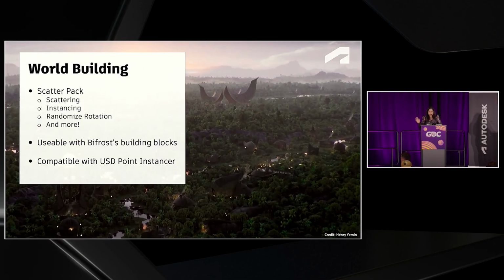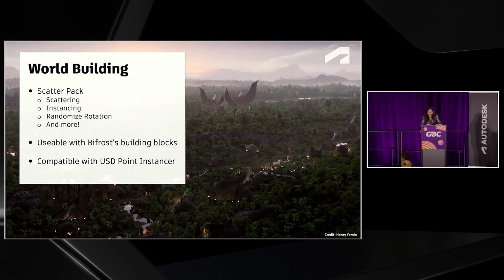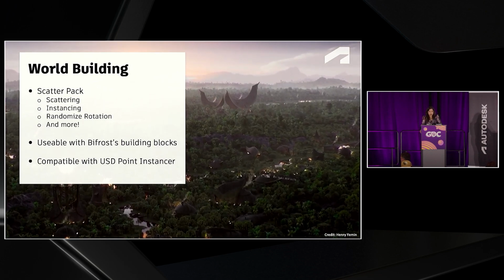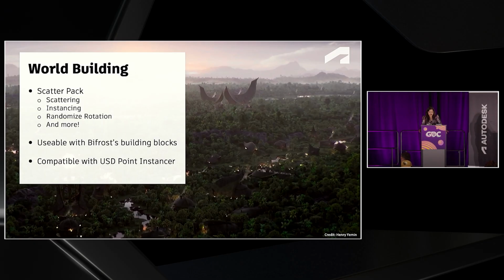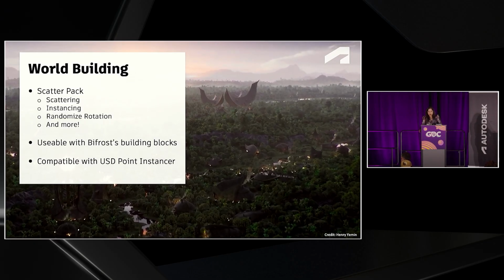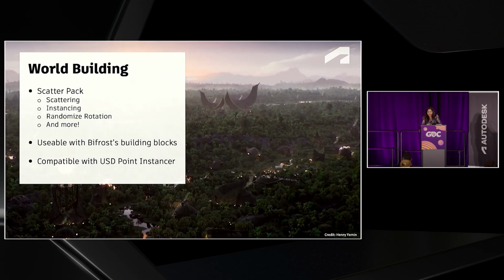These tools are usable with the rest of the Bifrost building blocks, like volumes or geometry queries or even fields. And Bifrost point instancers are compatible with USD point instancers, making it even more efficient to build large and complicated environments and render them.